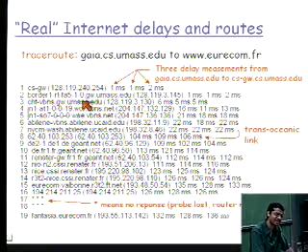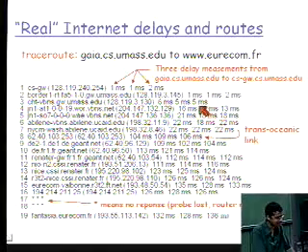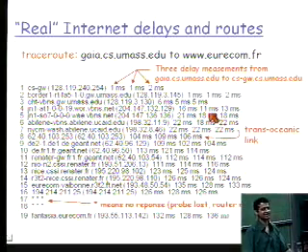UMass is the tier 3 ISP for this machine, Gaia, and then this packet is sent to VBNS, which was the tier 2 ISP for this particular connection. And you see the delay has grown slightly from orders of 1 millisecond, 2 milliseconds to about 15 or 16 milliseconds, because now it's going across larger distances.